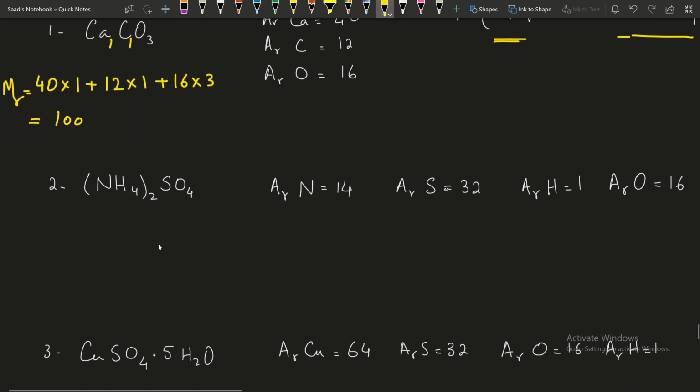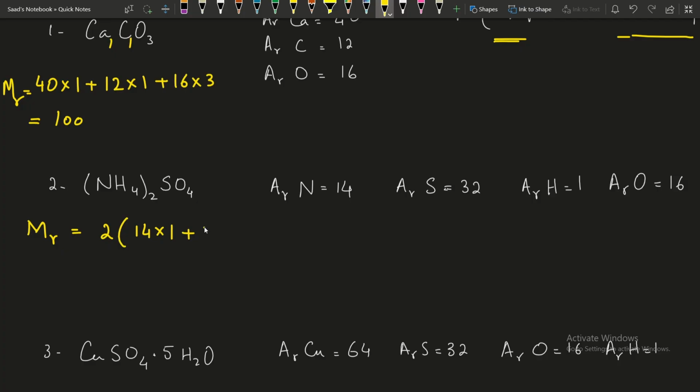The next compound I have written over here is ammonium sulfate. So for calculating the relative molecular mass of ammonium sulfate, this ammonium is multiplied by 2. So write 2 here outside the bracket, and then inside the bracket write the AR, atomic mass of nitrogen, which is 14. The subscript is 1. All right.